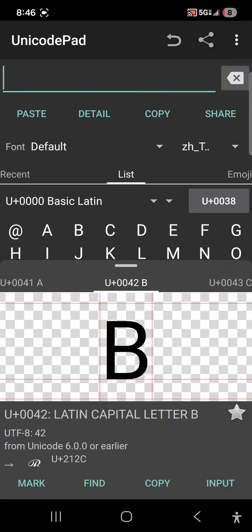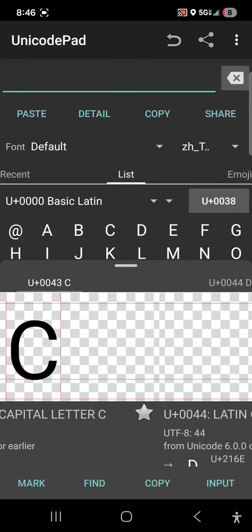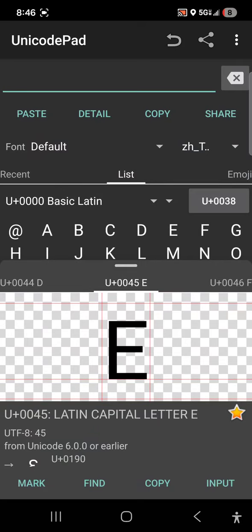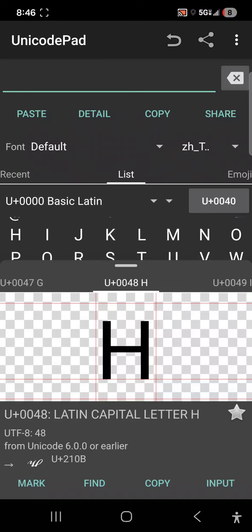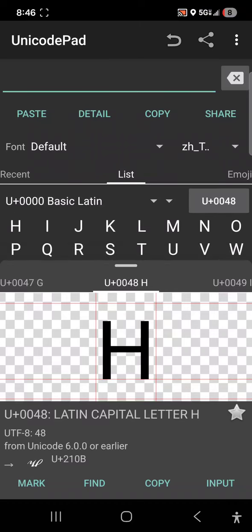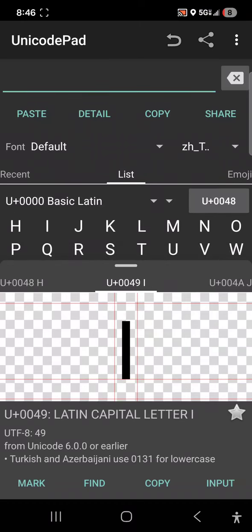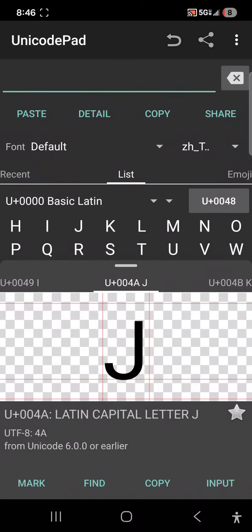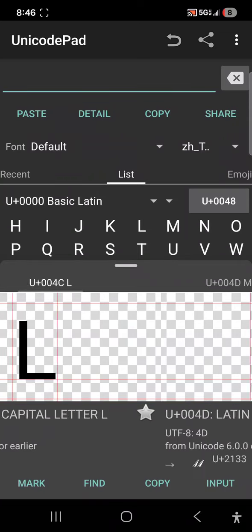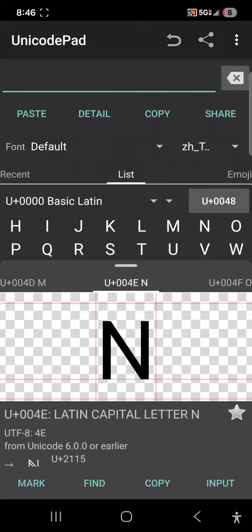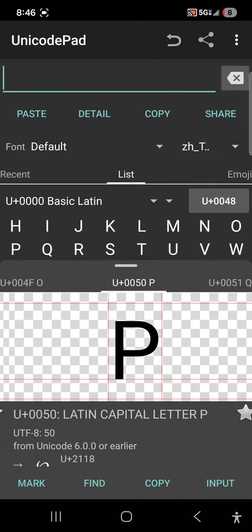This is B. It is consonant. C, consonant. D, consonant. E, vowel. F, consonant. G, consonant. H, consonant. I, vowel. J, consonant. K, consonant. L, consonant. M, consonant. N, consonant. O, vowel.